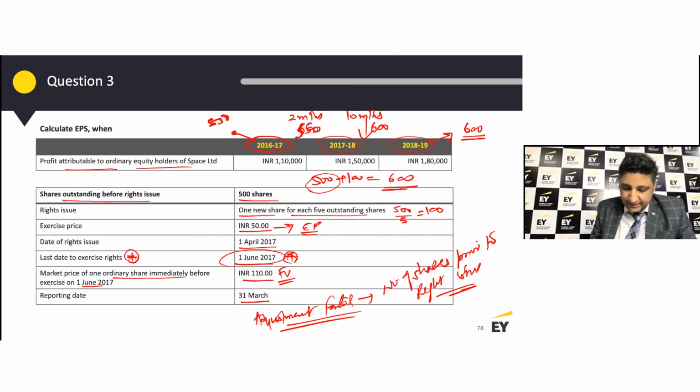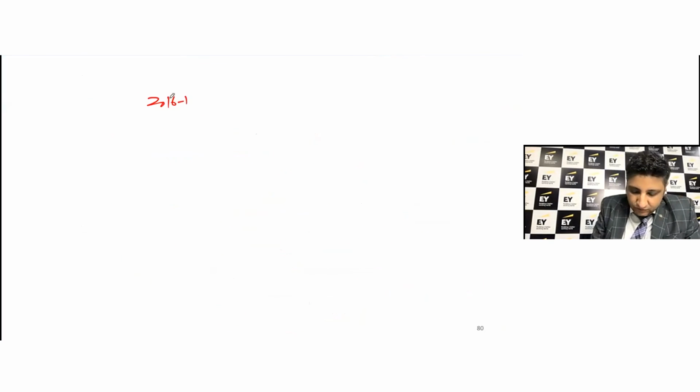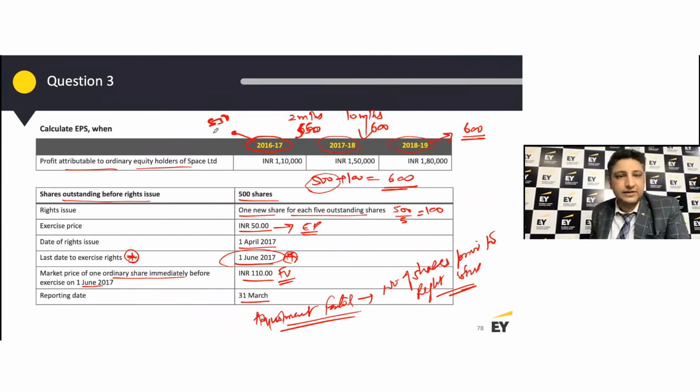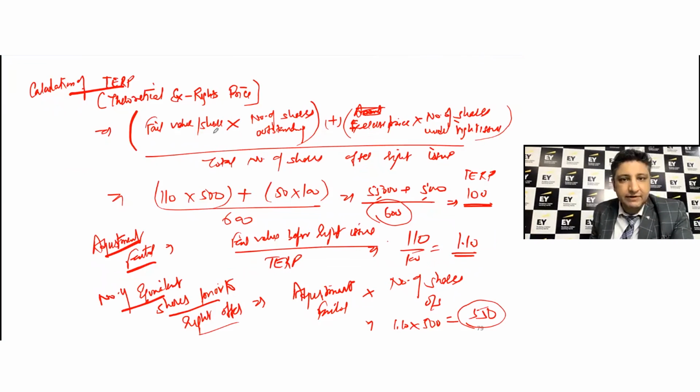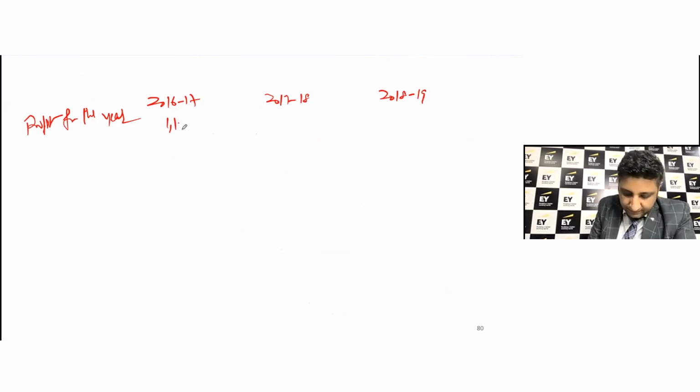So we're saying that 2016-17, 2017-18, and 2018-19. Profit for the year. Let's look at the numbers again. 110, 150, and 180. 1,10,000, 1,50,000, 1,80,000.